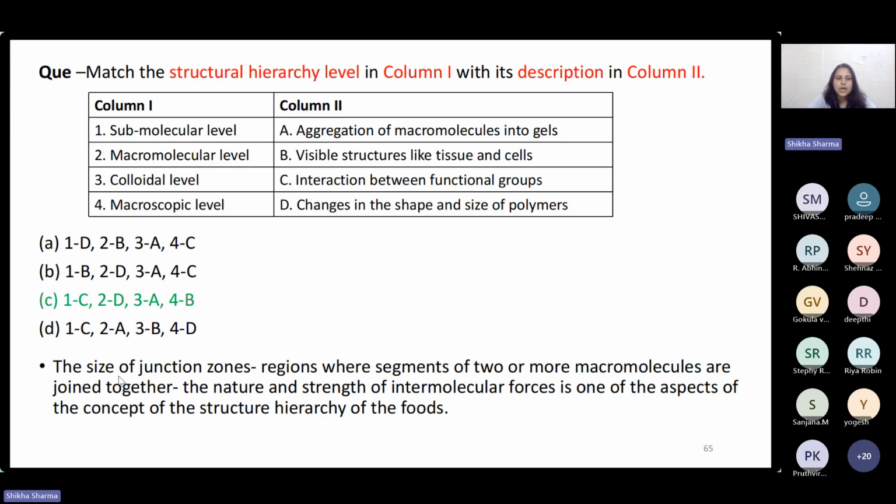So the size of the junction zones, regions where the segments of two or more macromolecules are joined together.